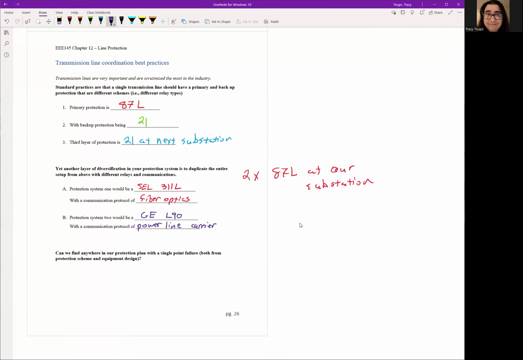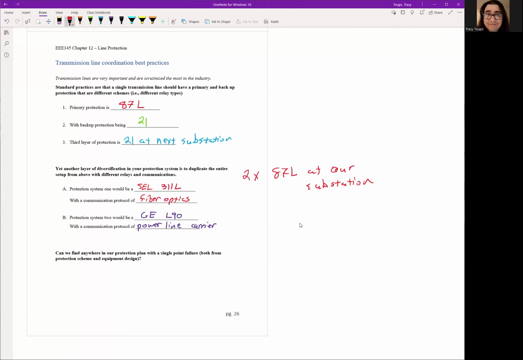Some utilities do this, some don't. It really depends on whether your employees can handle different types of relays, or are they too stubborn? They don't want to learn GEs and other relays. So that's up to you and your boss. But if you're talking about the best solution, it's always a mix and match of manufacturers for relay protection.